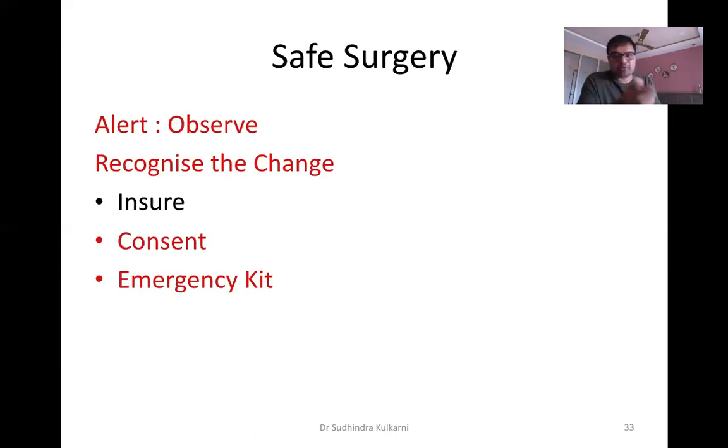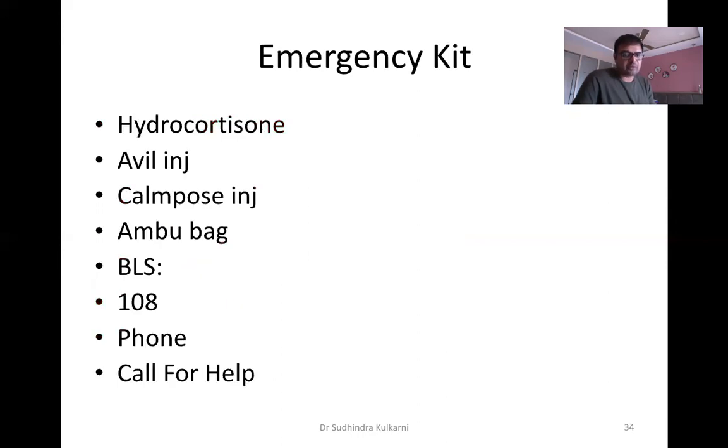See that you take proper insurance. Proper consent has to be always taken, and an emergency kit is an absolute requirement. Important things in the emergency kit would be hydrocortisone, Avil, Calmpose, and an Ambu bag is necessary. Undergo BLS training, know your local emergency numbers, and always have your friends on call whenever you face something like this.